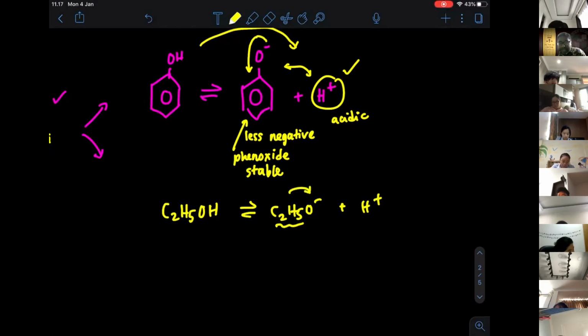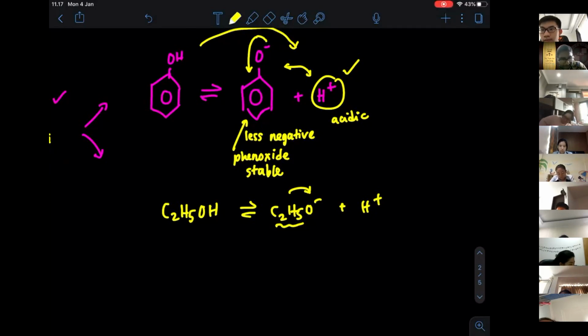So when they donate the electron, what happens is the negative charge is going to become more negative or less negative? Let me ask Jason over here. Jason? Is it going to be more negative or less negative? Less negative?